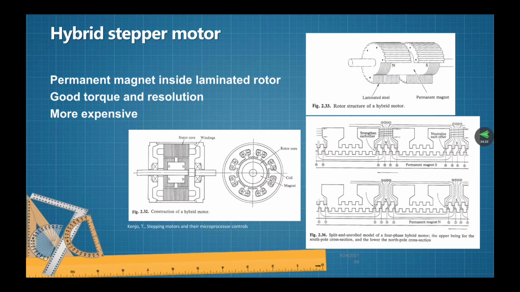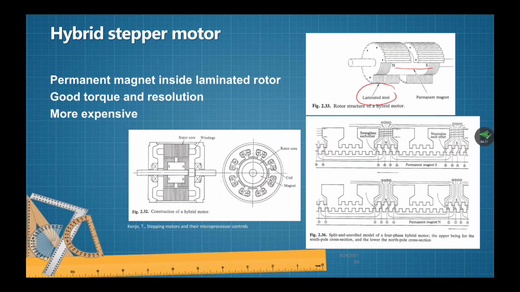The permanent magnet inside is a laminated rotor. It has good torque and resolution, and of course is more expensive. This is the rotor structure of the hybrid motor. We have the laminated steel, and this is the permanent magnet.